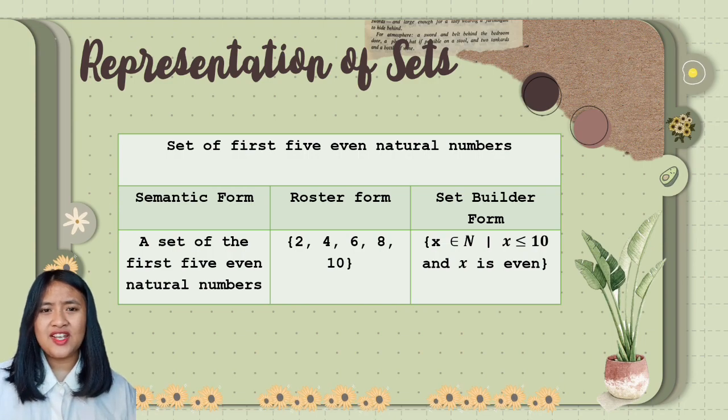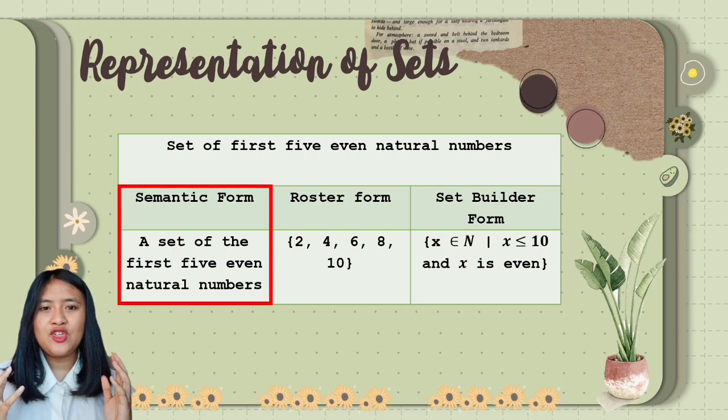Let us understand each of these forms with an example. First is semantic form. Semantic notation describes a statement to show a set's elements. For example, a set of the first 5 even natural numbers.